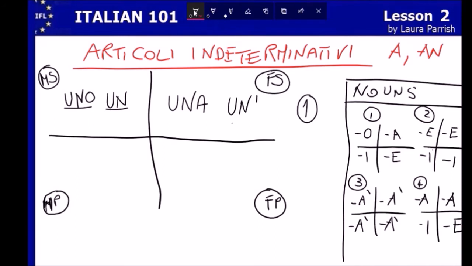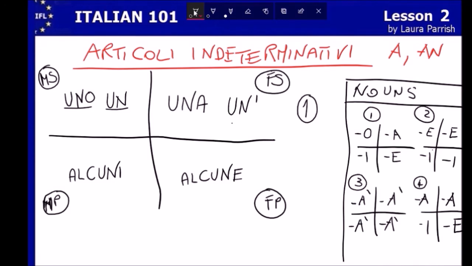But we can make the plural by translating the words some, few, that will be alcuni for masculine plural, and alcune for feminine plural. That's the way. Because formally the plural of the indeterminative article doesn't exist.